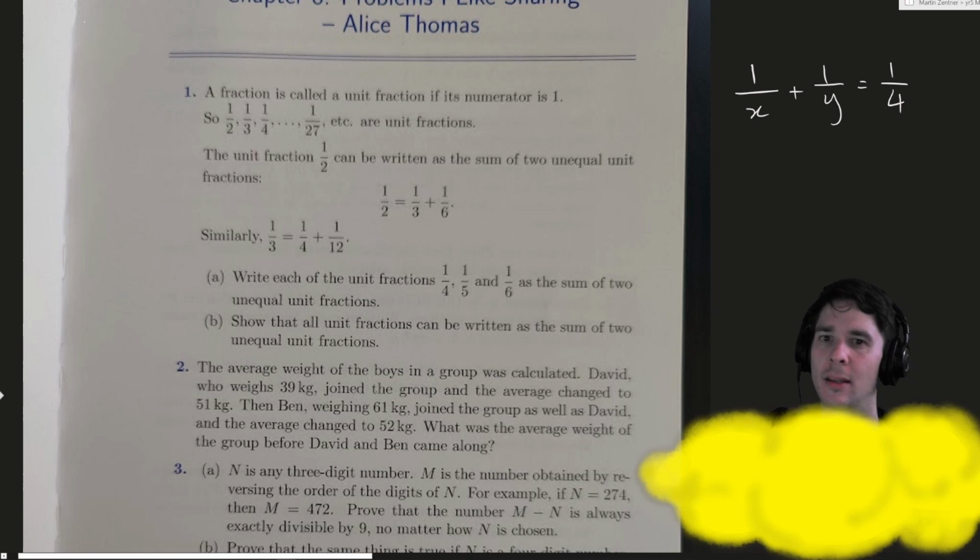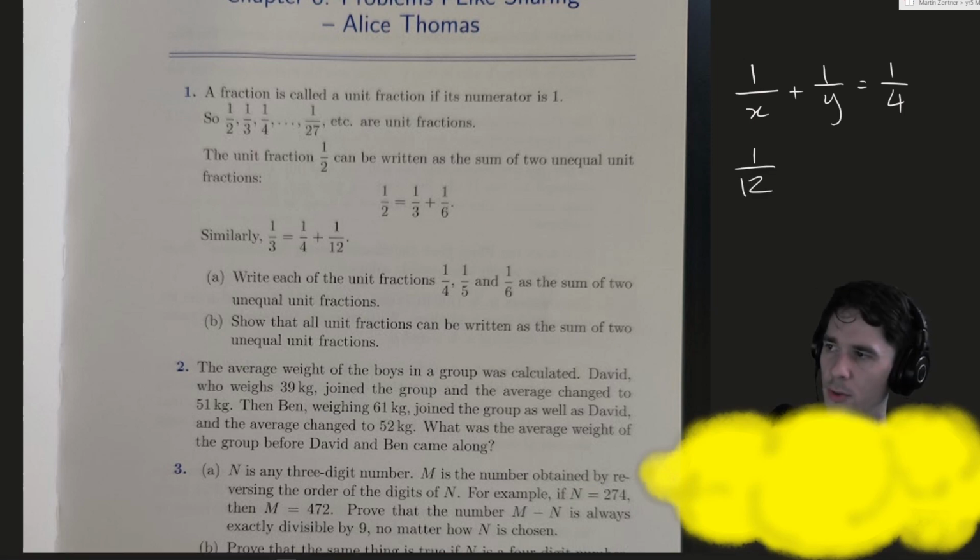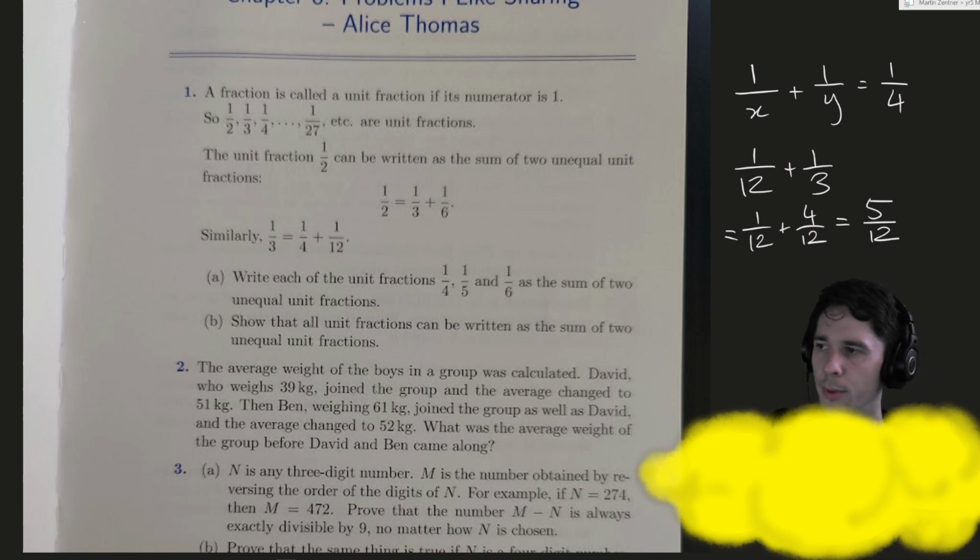Let's see, 1 over 12 plus 1 over 3 equals 1 over 12 plus 4 over 12 equals 5 over 12. This does not equal 1/4.